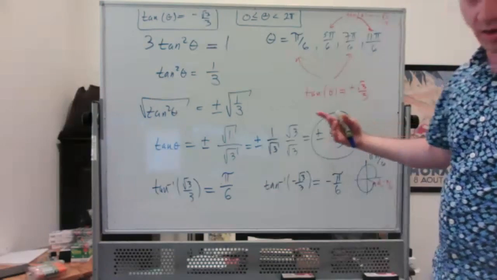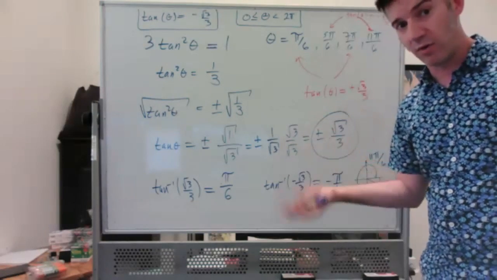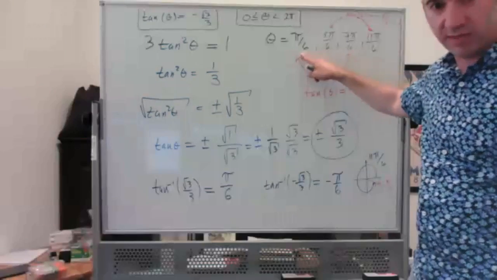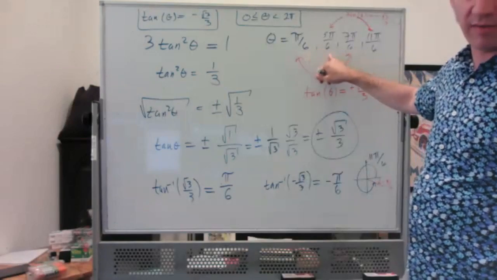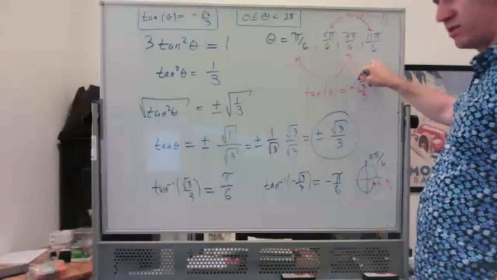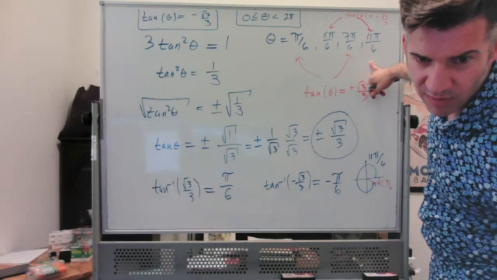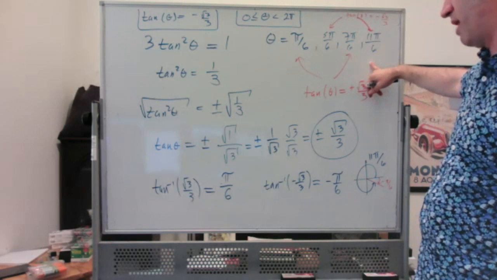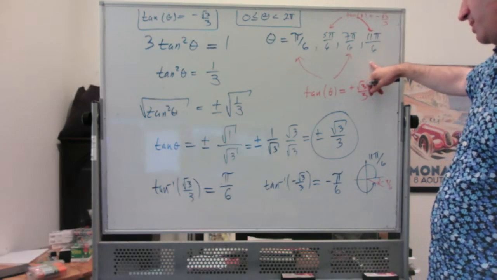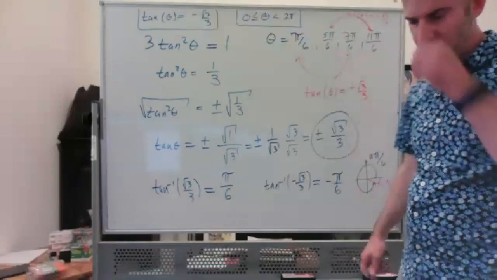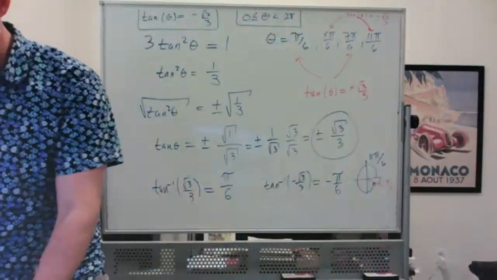So I'm going to get all the angles in every quadrant that have pi over 6 as a reference angle, which include the angles 5 pi over 6, 7 pi over 6, and 11 pi over 6. I'm not really sure what the question is saying, but I'm happy to address it later if it is clarified.